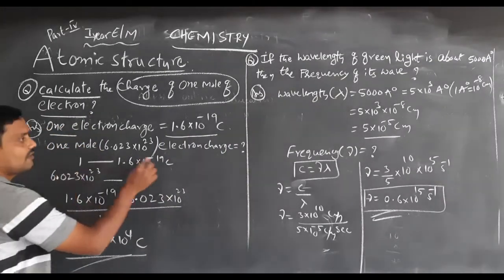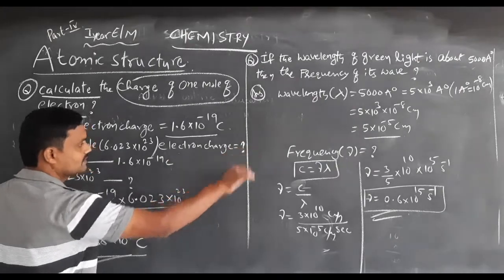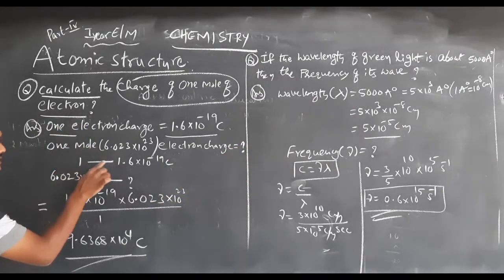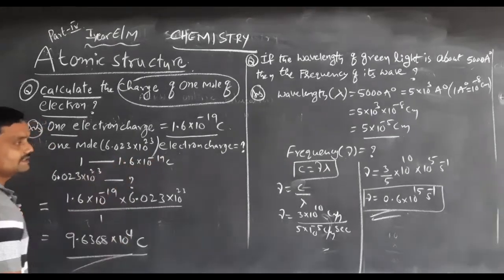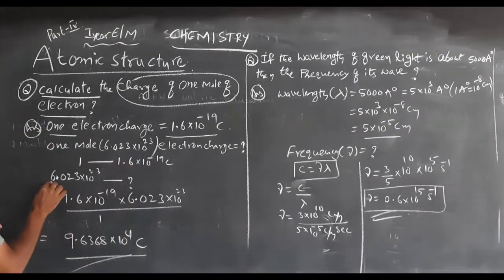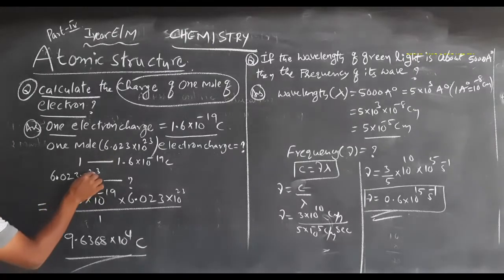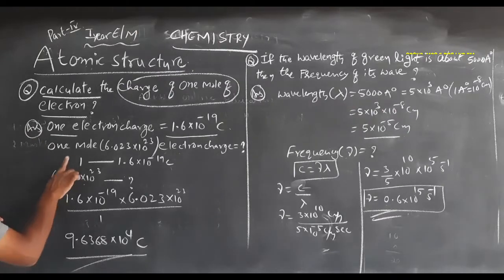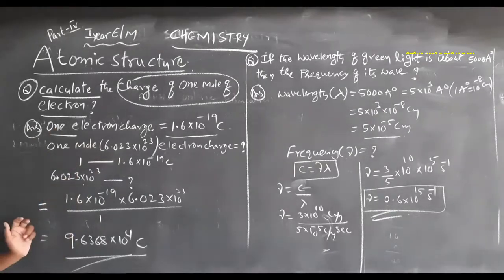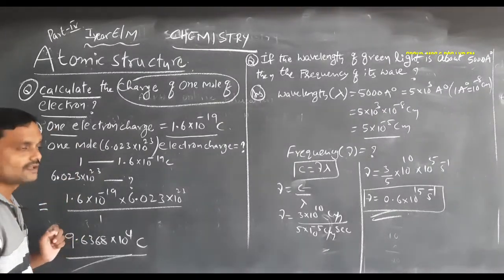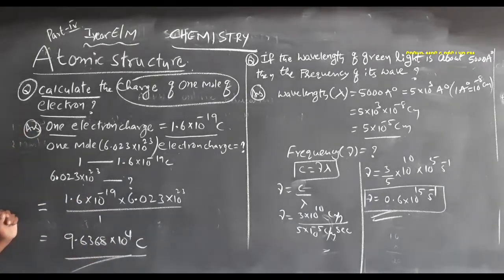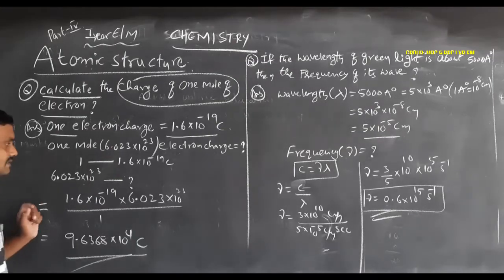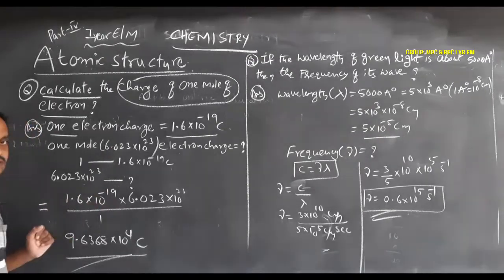Then what is the charge of 1 mole of electron? Simple logic. 1 electron charge is 1.6 into 10 power minus 19 coulomb. 1 mole of electron means 6.023 into 10 power 23 electrons, so what is their charge?